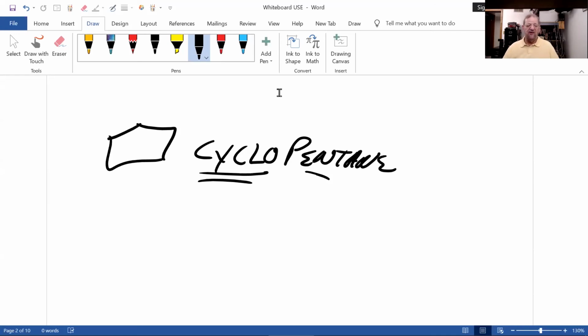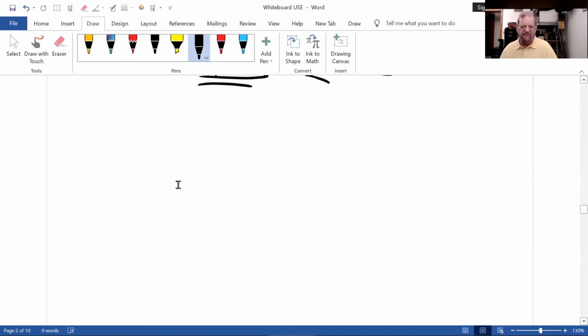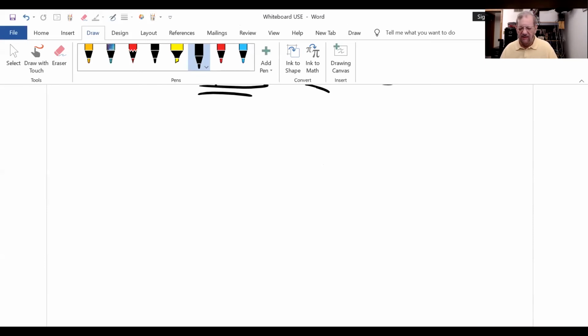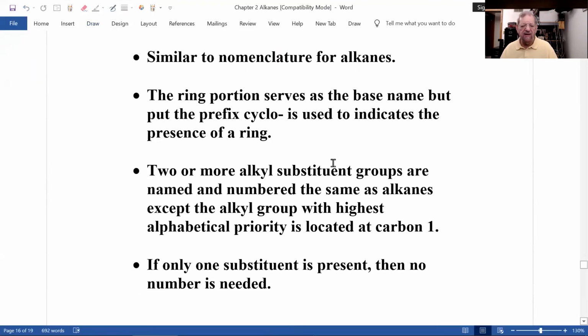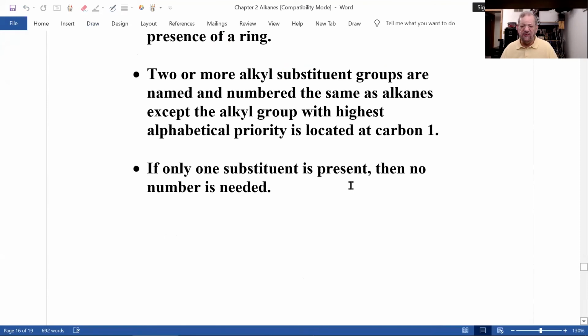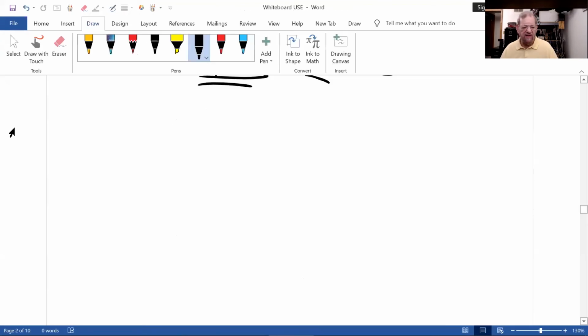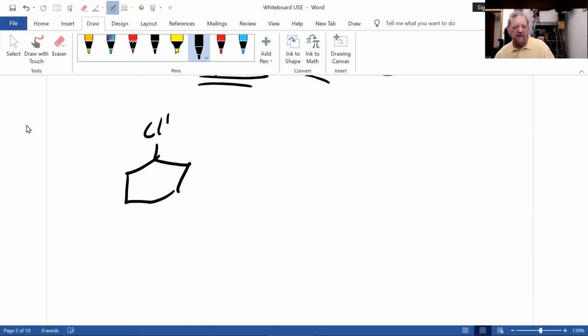All right, now let's talk about alkyl groups on rings. If you have one substituent present, then no number is needed. And I'll explain why when I show you the following. If we look at this, we have 6 carbons in the ring. That's cyclohexane.